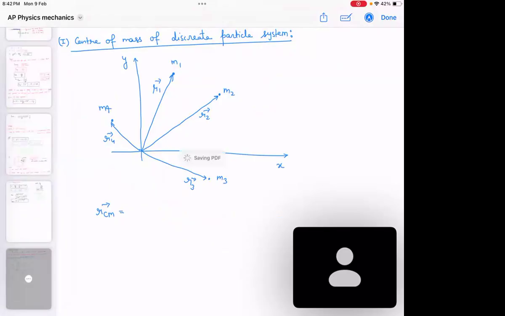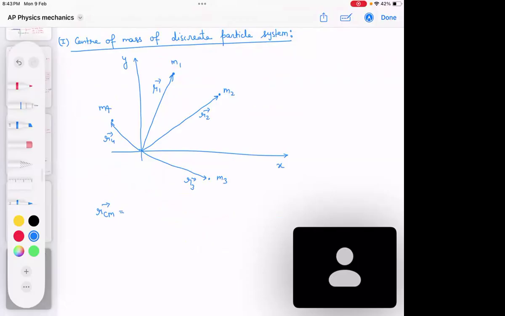So if you want to calculate the position vector of center of mass, then we can write it as m1 r1 vector plus m2 r2 vector plus m3 r3 vector. Like that, as many particles are there, all we should write, divided by m1 plus m2 plus m3 plus m4, like that.